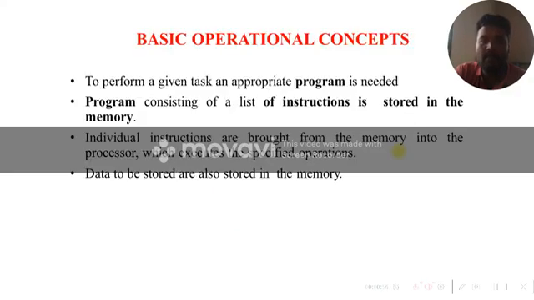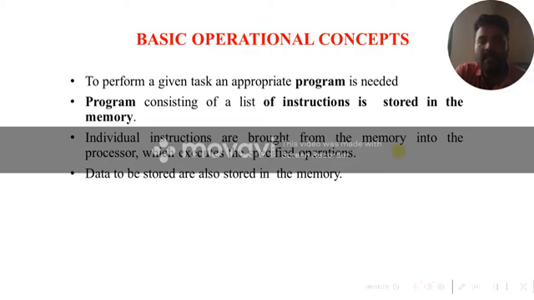Okay, so to perform any given task in an appropriate time or duration, a program is needed. So what is a program? A program is a group or collection of codings, which makes way for the computer to work in a proper way. The program consists of a list of instructions. These instructions are given to the computer to store in the memory to perform a particular task.